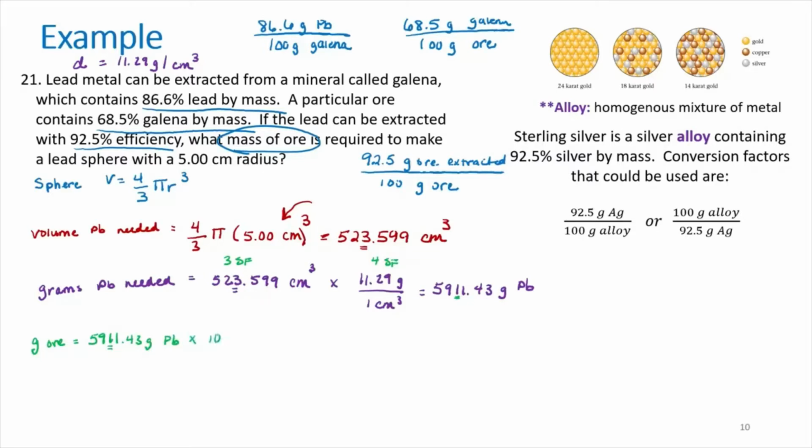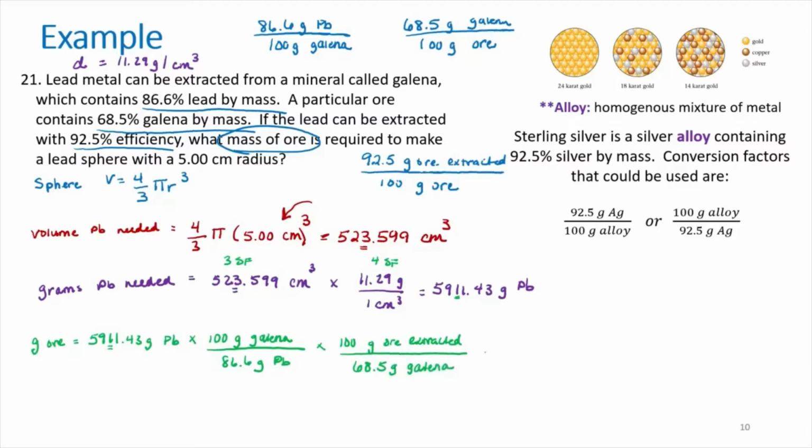I know that I have 100 grams of galena per the 86.6 grams of lead I can actually pull out. I know that for every 100 grams of ore extracted, I have 68.5 grams of the galena.